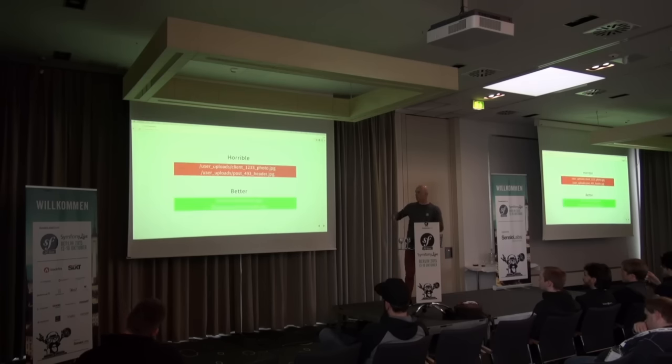To compare the two, we have horrible examples like a generic user uploads folder, which has client 1233photo.jpg, and in the same folder something totally unrelated, which is a post header for, I think, post number 493.